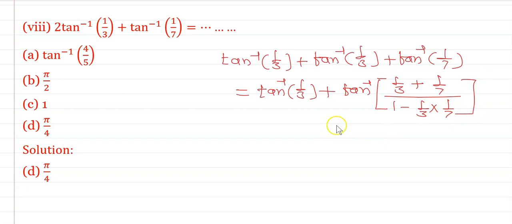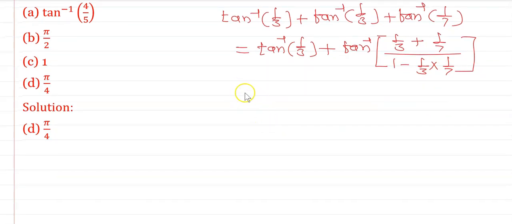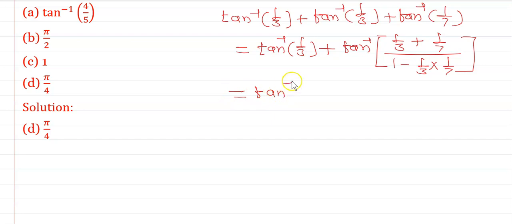This bracket is completed. Okay, and the next, this is the tan inverse of 1 upon 3. Now do the simplification: tan inverse of, okay, cross multiplication, that is 10 upon 21.